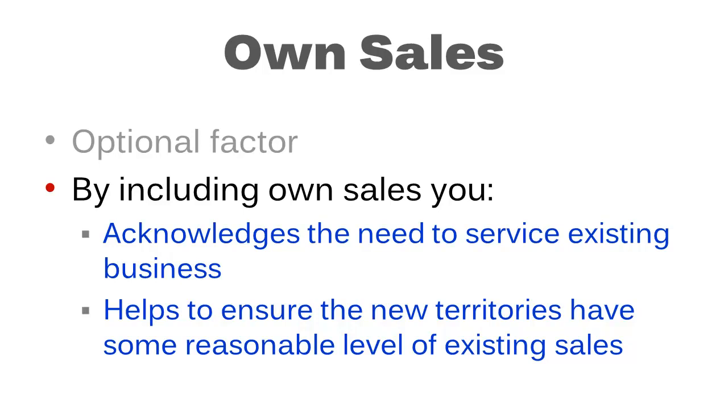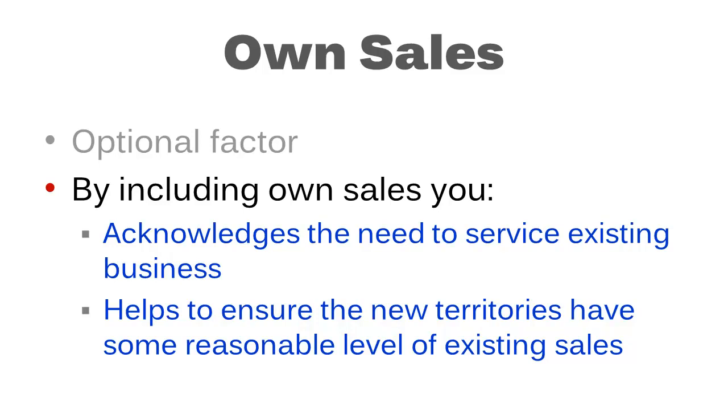I have in the past done alignments that are based purely or heavily on the potential and the workload, and the resulting territories were good, but they did have some new territories in parts of the country that had not been well serviced and well called on by the sales force.